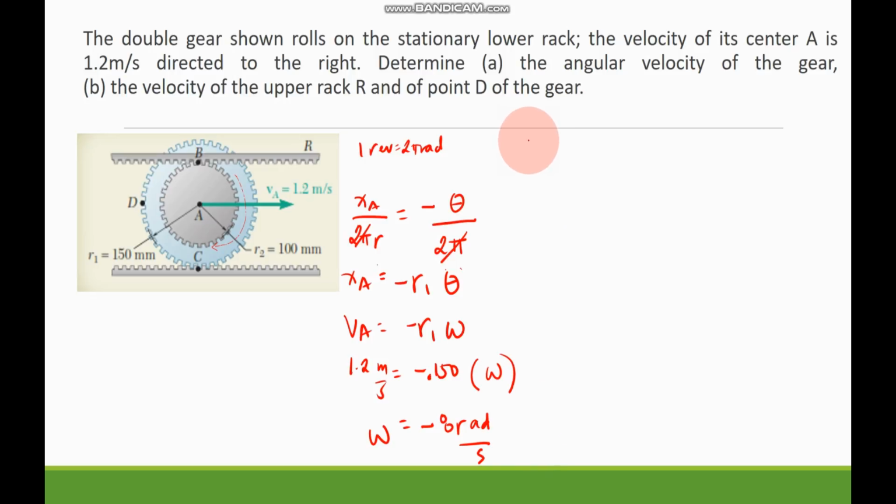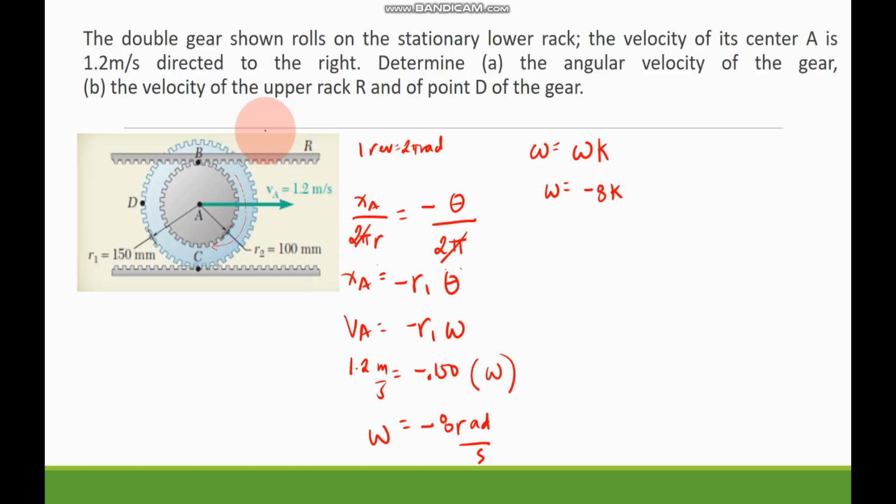And then, as we have discussed, the angular velocity is equal to the magnitude of the angular velocity multiplied by the constant k. Therefore, this is equal to negative 8k. This k is the unit vector pointing out of the paper.